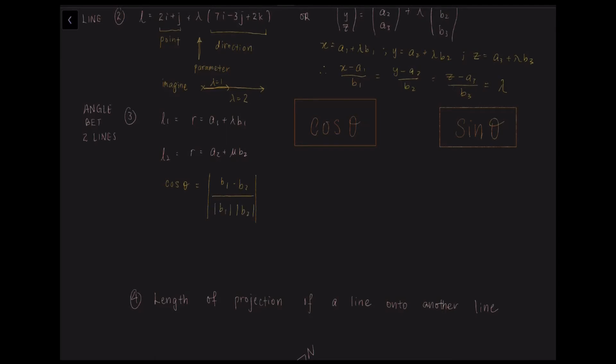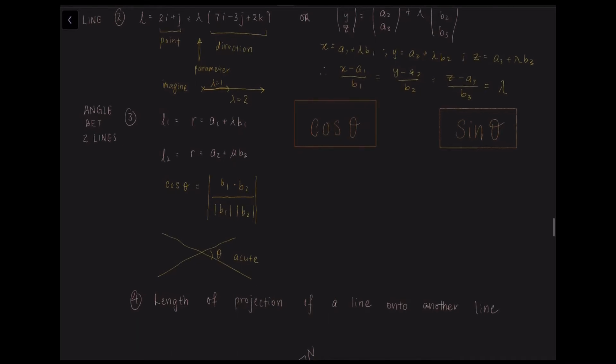The angle theta between the lines L1 and L2 is thus found from the equation cos theta equals the modulus of b1 dot b2 over the modulus of b1 times the modulus of b2. We take the absolute value to ensure that the angle theta is acute. So you can consider this diagram, and that is the acute angle.